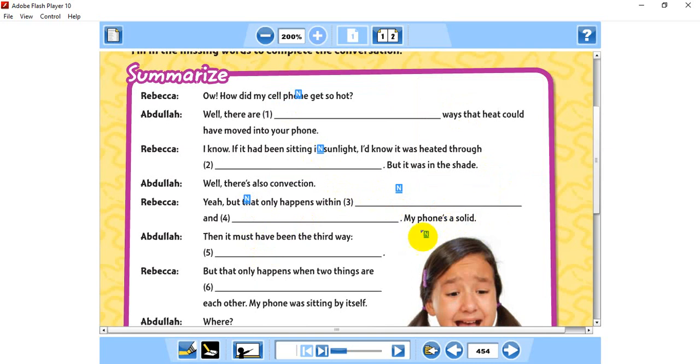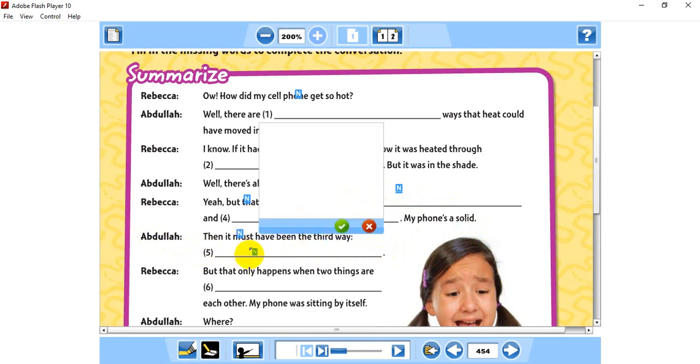How does convection happen with a phone that is solid? You told us, mister, that convection happens only with particles of gas and water. But what about the solid? Abdullah answered the question: then it must have been the third way. There is a third way, which is what exactly, guys?